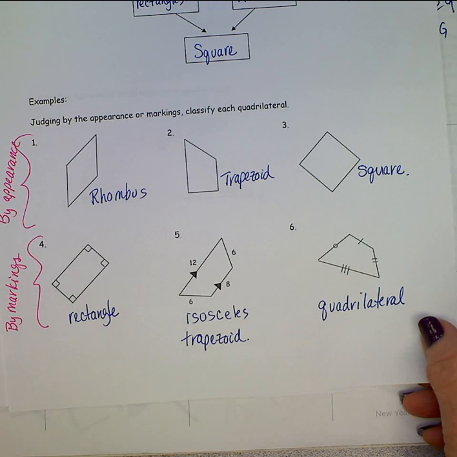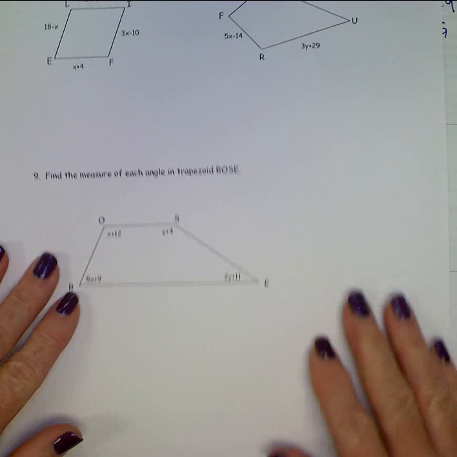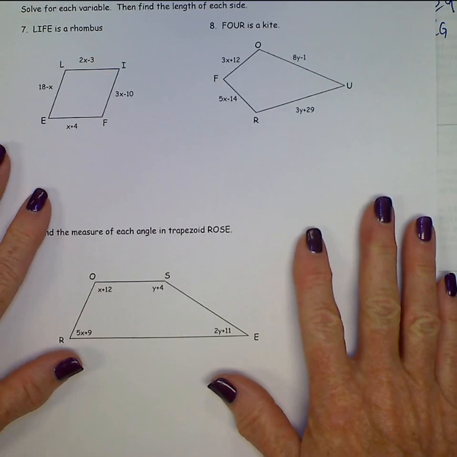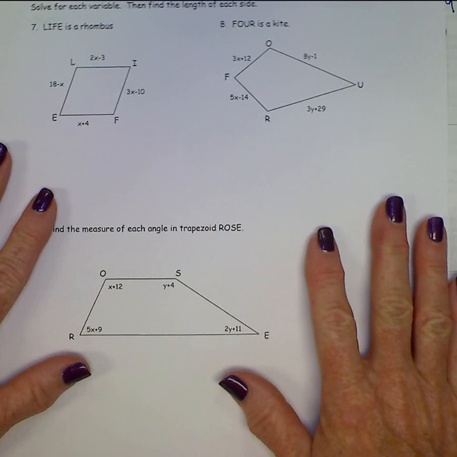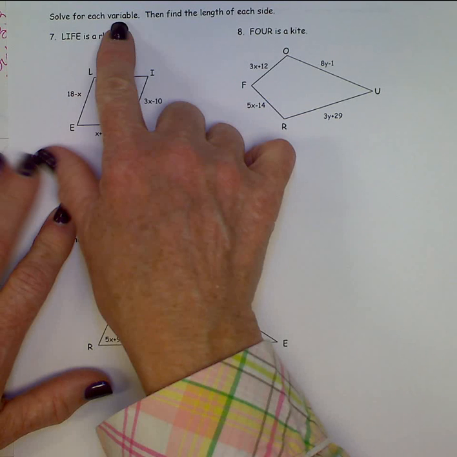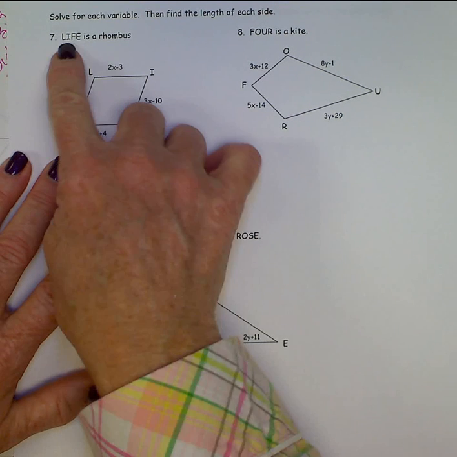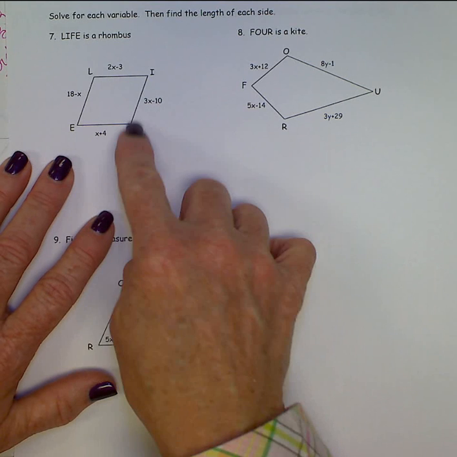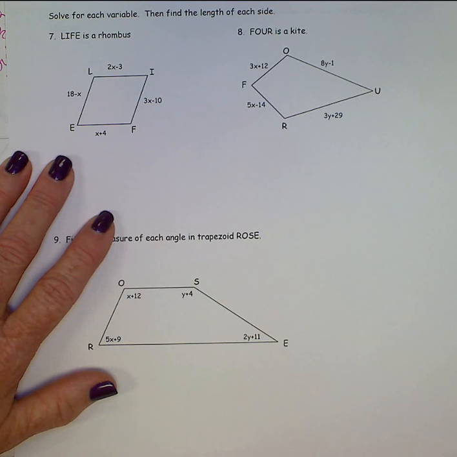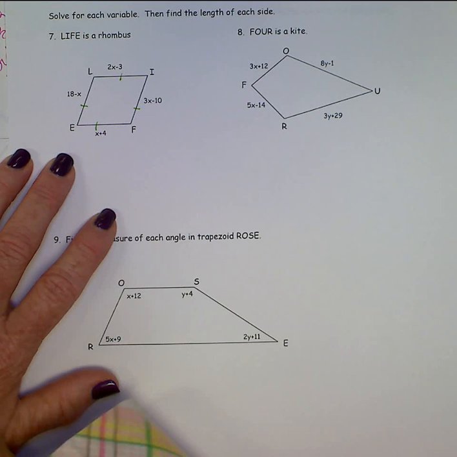All right. Let's look at a couple of problems here. All right, we're going to solve for each variable, then find the length of each side. LIFE is a rhombus. That means that all four sides are congruent.